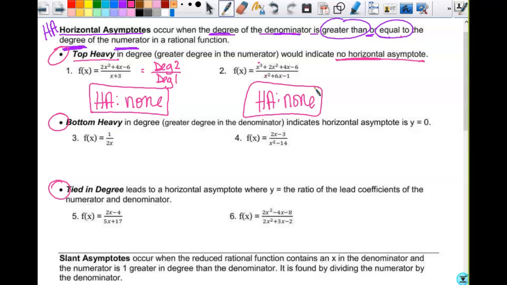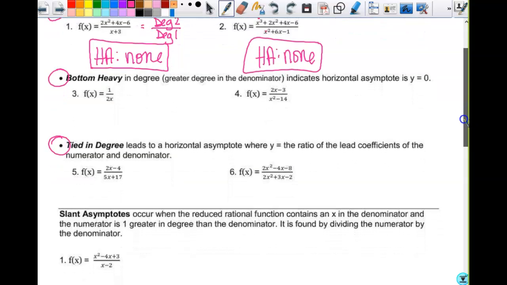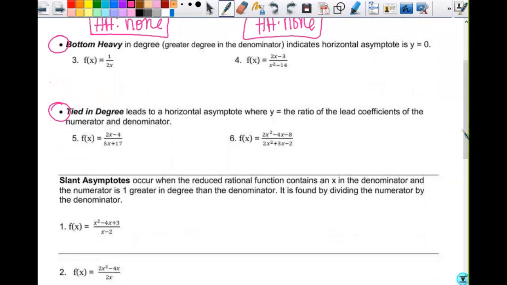Okay. If it's bottom-heavy, which this is, the degree of the denominator is 1. What's the degree of the numerator in number 3? It has 1. What is it? 0, because if I had to put an x in there, the exponent on the x would be 0, because anything to the 0 power is 1. So it is bottom-heavy, right?